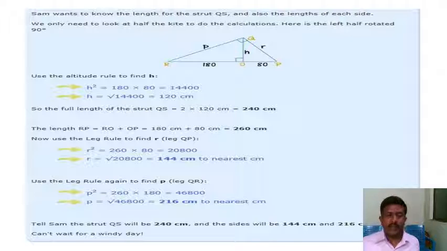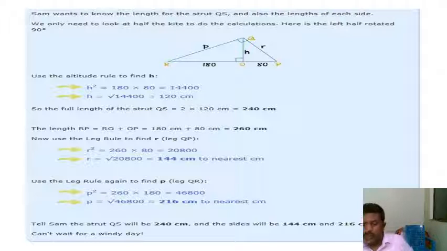Now length of RP is equal to RO plus OP, 180 plus 80 centimeter is equal to 260 centimeter. Now use the leg rule to find R. R square is equal to 260 into 80, which is equal to 20,800. Hence, taking square root, R is equal to 144 centimeter to nearest centimeter. Use the leg rule again to find the value of P. P square is equal to 260 into 180.